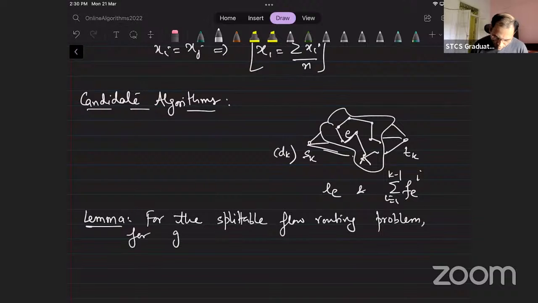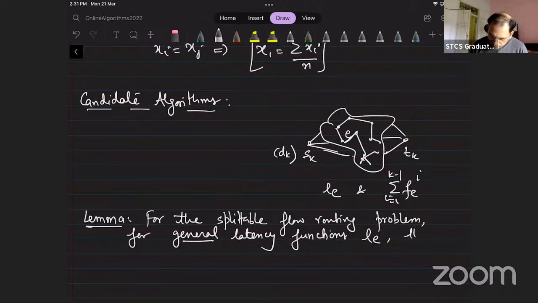For general latency functions L_E, the competitive ratio mu(A) is arbitrarily large.